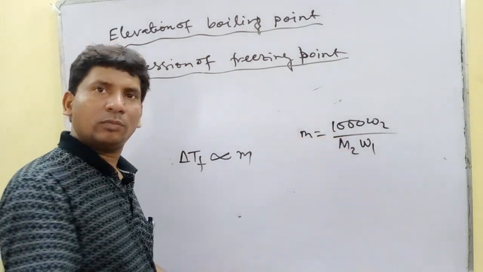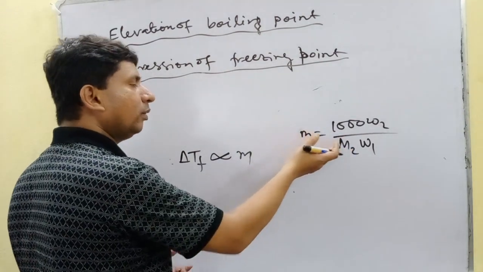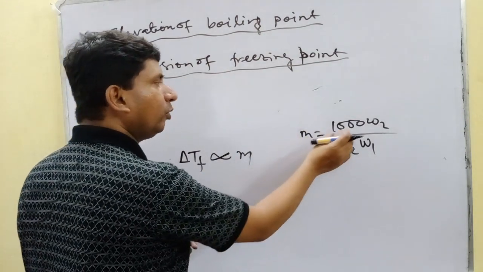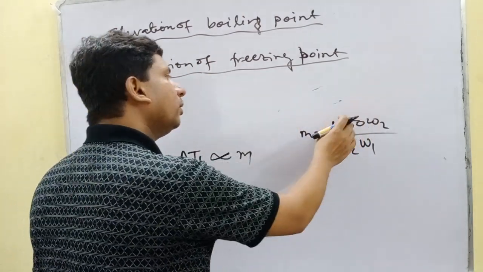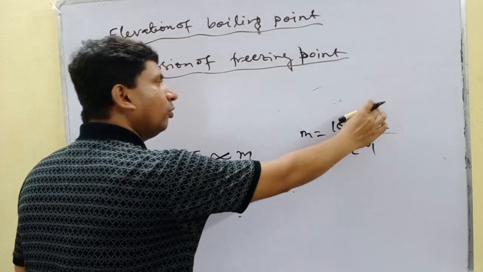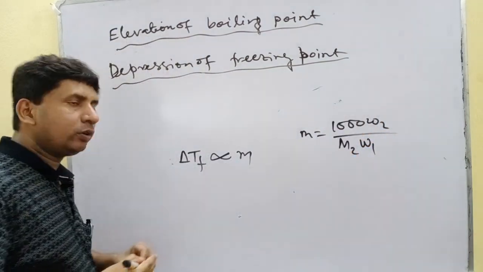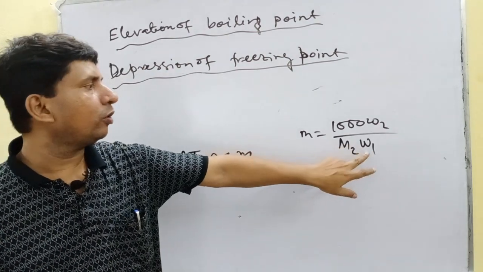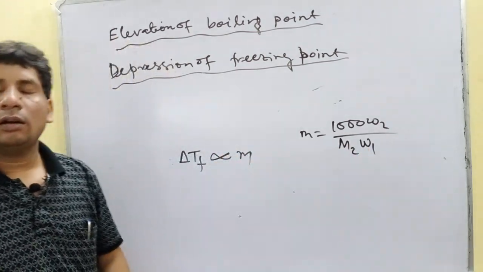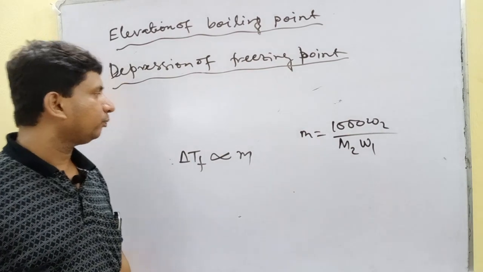Similarly, from elevation of boiling point, we already calculated it: molality is equal to 1000 into W2, where W2 is the weight of solute, M2 is the molecular weight of solute, and W1 is the weight of solvent.